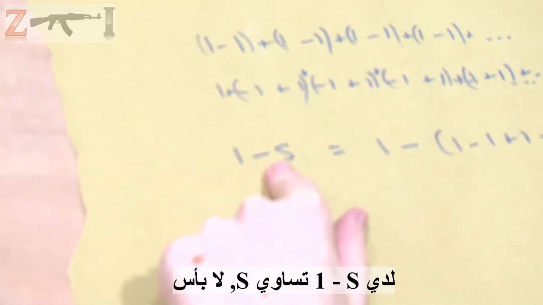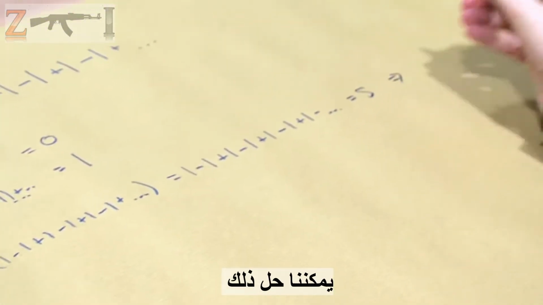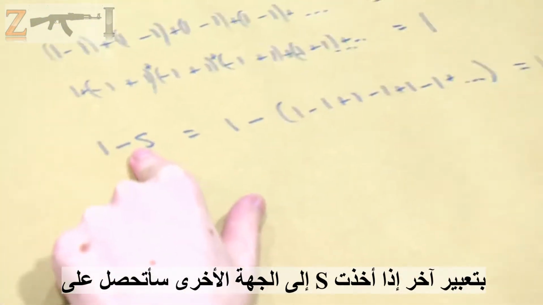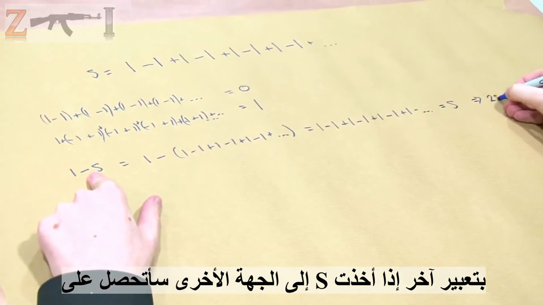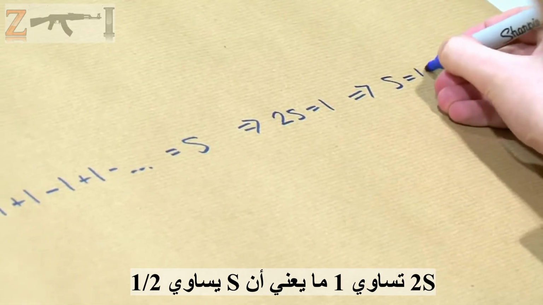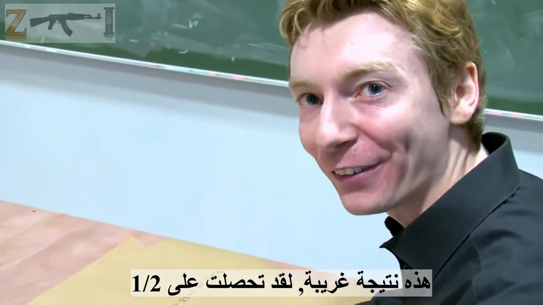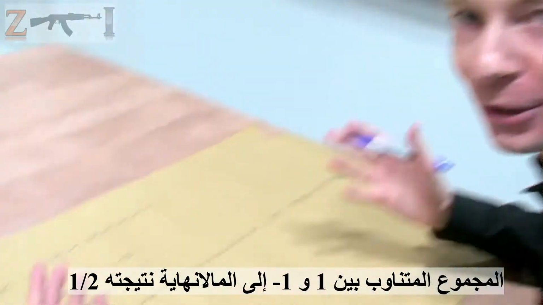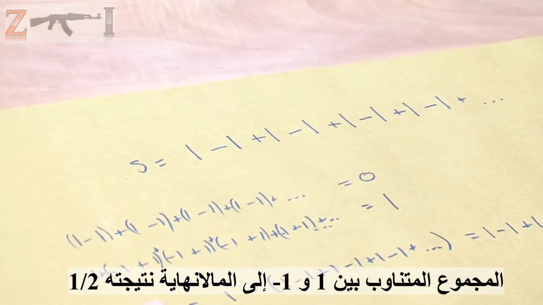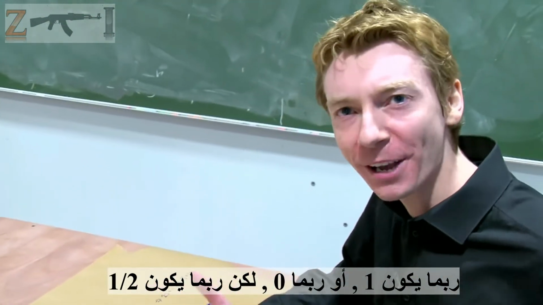So I've got 1 minus s is equal to s. That's fine, you can solve that. If I take the s to the other side, I've got 2s equals 1, so s is equal to a half. That's a weird answer. The sum of adding plus and minus 1 forever gives you a half. Or it might be 1, it might be 0, but it might be a half.